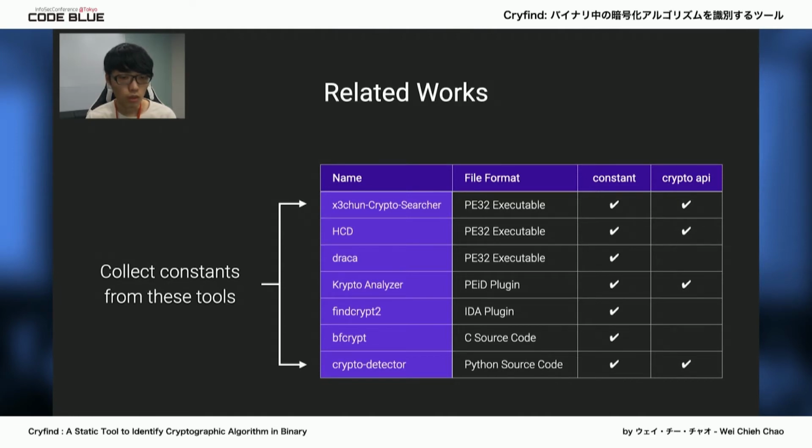These tools are either slow or incomplete, so we want to build a faster and more complete tool. We start by collecting crypto constants from these tools and many other sources. But not all of them are open source, so we need to do some reverse engineering to get the cryptography constants inside.